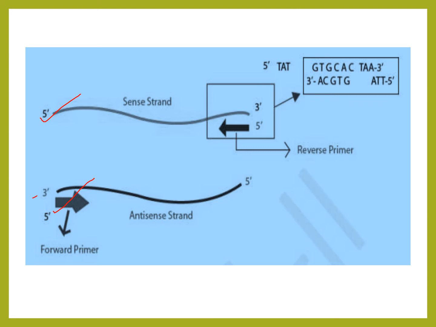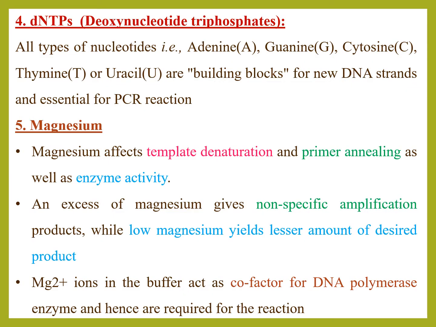Here the reverse primer will bind at the 3' hydroxyl terminal of the sense strand, and the forward primer will also bind to the 3' hydroxyl terminal of the antisense strand. In this way, Taq polymerase will synthesize the new complementary strands. Coming to the fourth component, that is dNTPs, deoxynucleotide triphosphates.